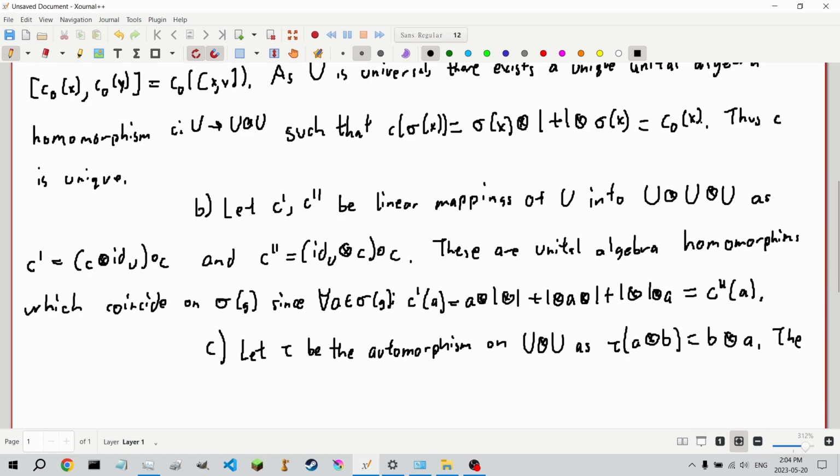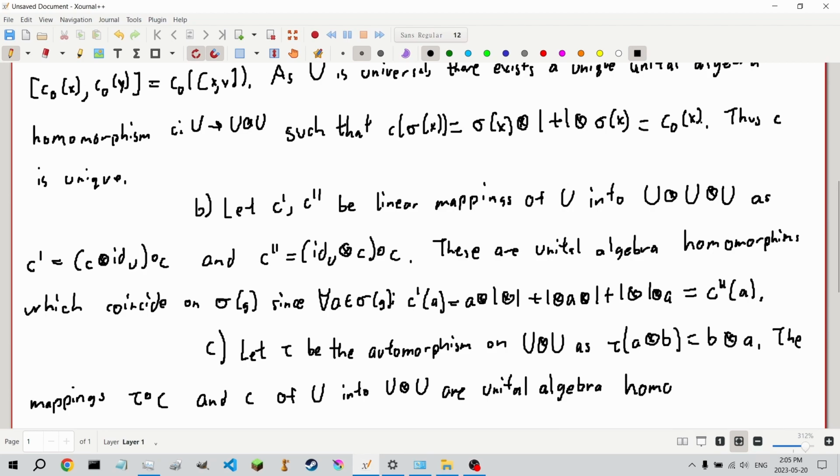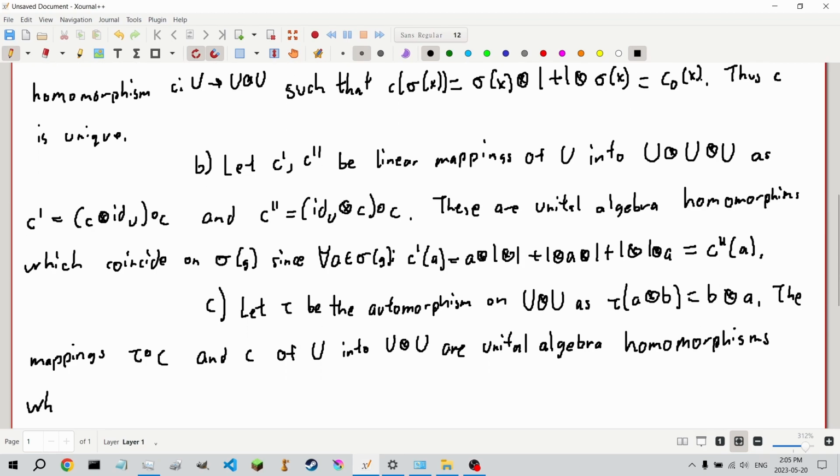Then we get that the mappings of tau composed with the coproduct and just the coproduct directly of our universal enveloping algebra, mapping them into U tensor U, are unital algebra homomorphisms which coincide on sigma of G. And so, once again, we have everything from sigma of G, and so we're good on that front.